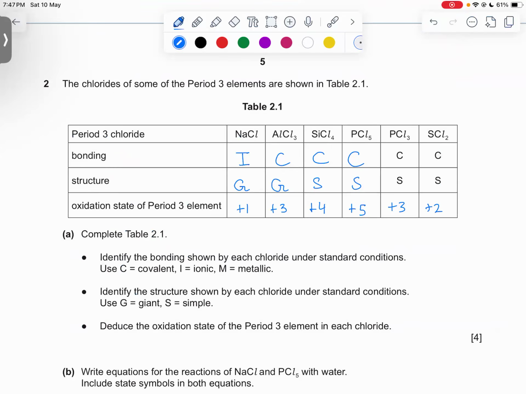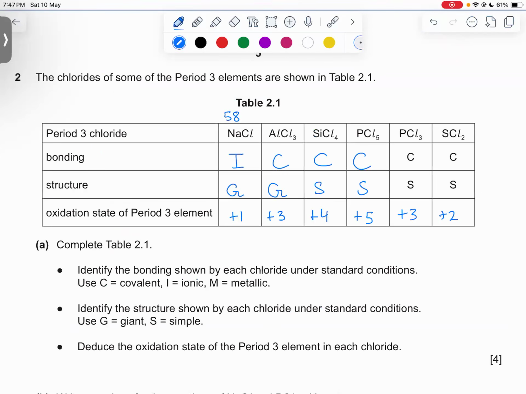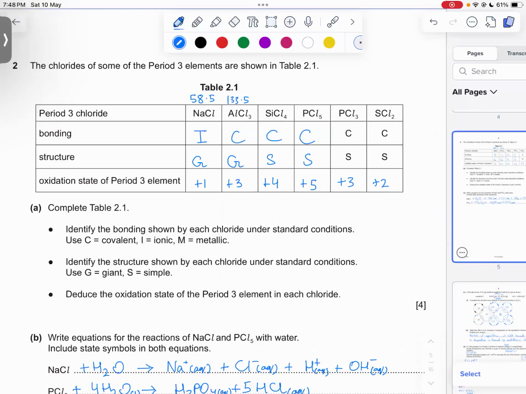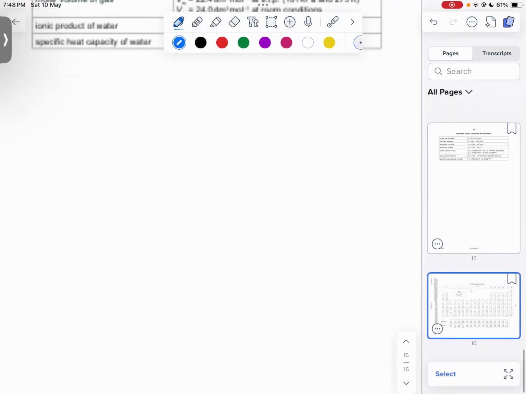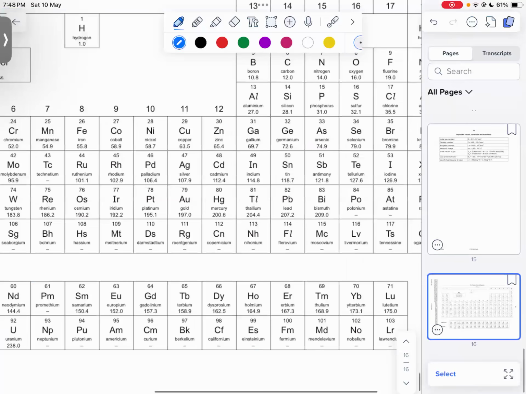So NaCl, I remember it is 58.5. So let's just leave that. Aluminum chloride, AlCl3. Aluminum is 27, you should remember. And 3 chlorines: 27 plus 35.5 times 3, that is 133.5. So this is 133.5. Silicon, I don't remember the mass of silicon, so we go down here and check. It is 28.1.